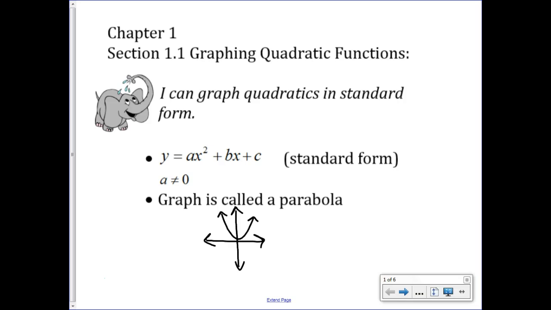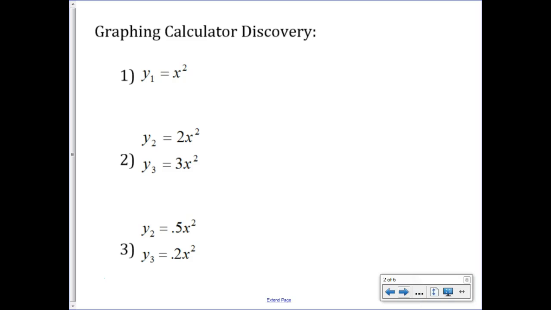So we're going to look at just some basic parabolic graphs. So the first thing I want you to do is take a minute in your calculator and type these terms in. So you're going to hit y equals, and in the spot that says y1, you're going to type x squared. Hit graph. You'll see that picture that I just drew come up on your screen.